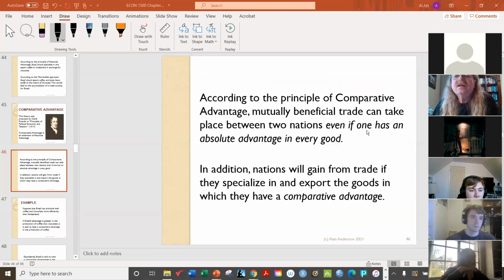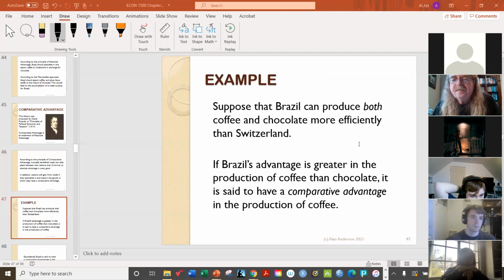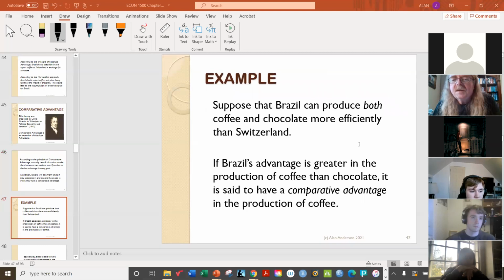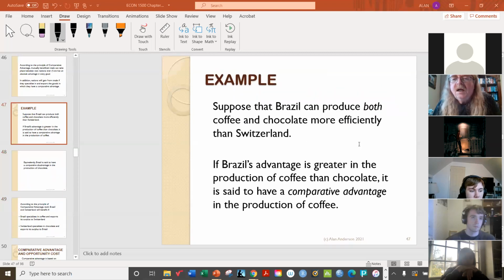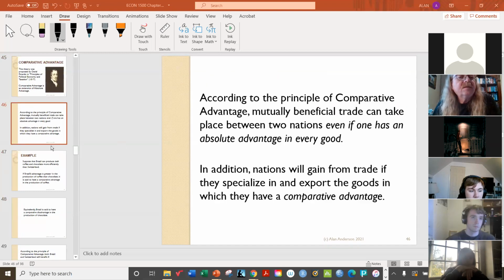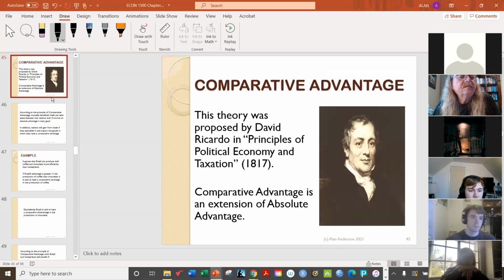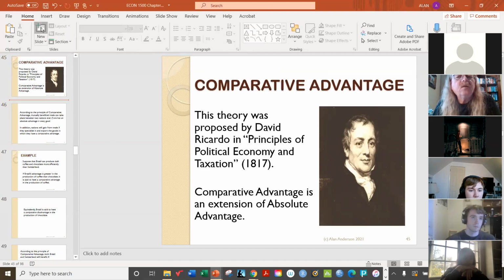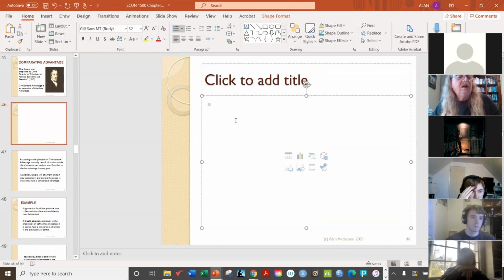So what is going on here that's different is that with comparative advantage, let me mention this right here. The main difference between the two, and it'll come up again later on, I just want to make it clear right up front. What is the difference between the two?